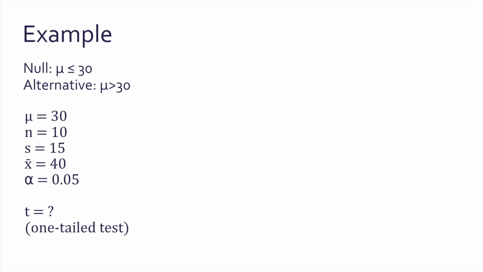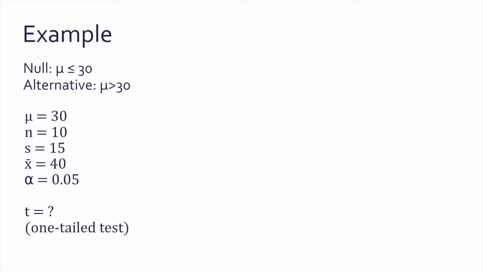Our hypothesis test is going to be with a 95% confidence level, so our alpha equals 0.05, and as stated in the null, our assumed population mean equals 30.